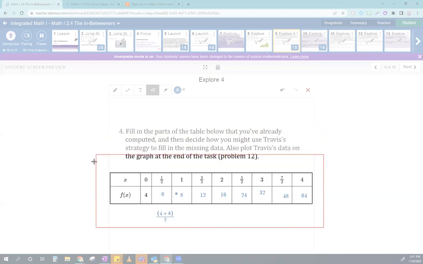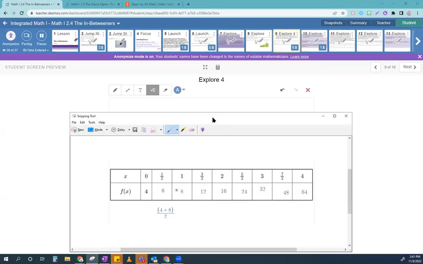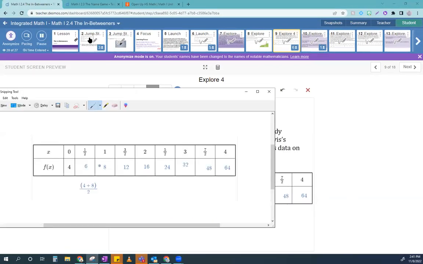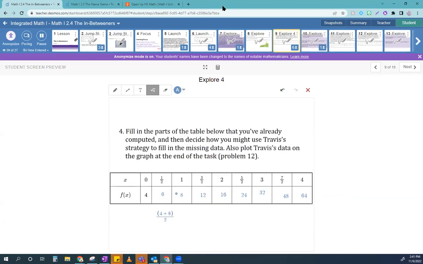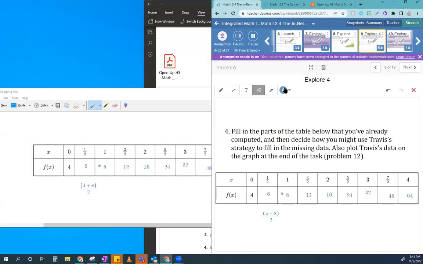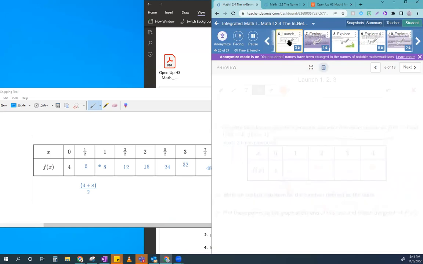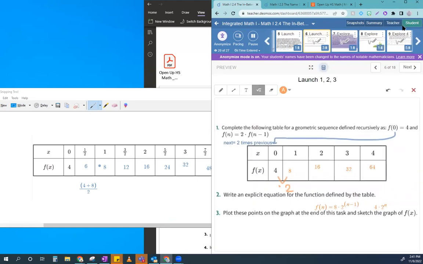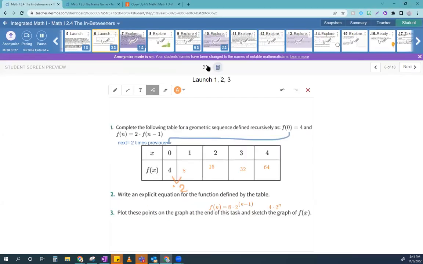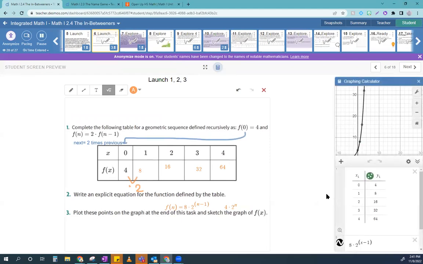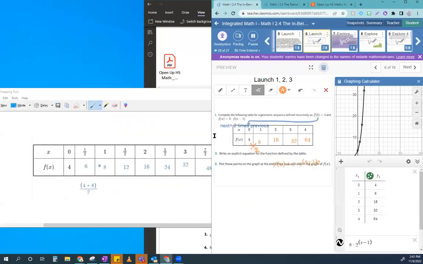I'm just going to use this to fill in my table. All right, here we go. Let's go back here. Was it here that I did this? Yeah. Okay. So let me go here and fill in my table.